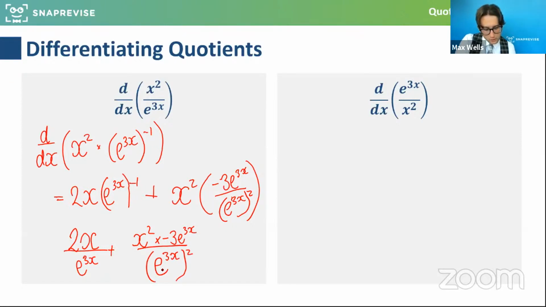So if I want to make a common denominator, I can kind of times this one here by another e to the 3x.